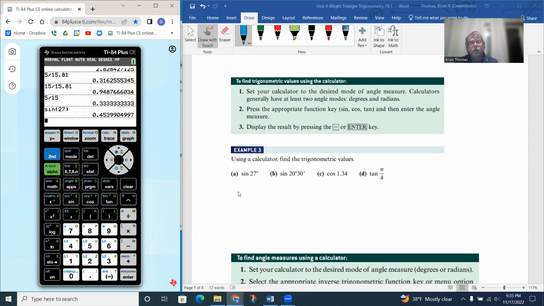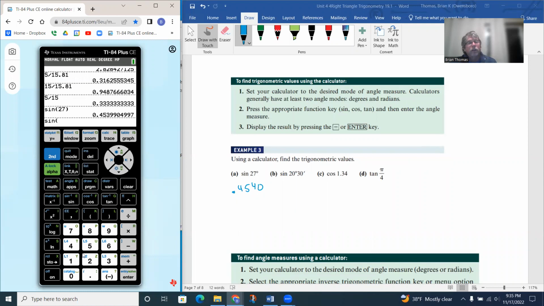Again, they're doing it to 4 decimal places, so 0.4539. Now, sine of 20 degrees, 30 minutes.